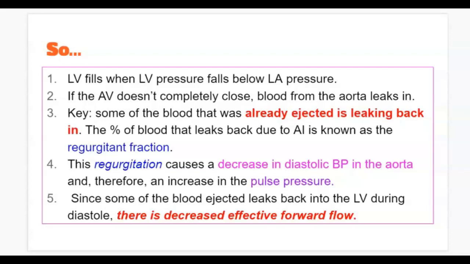Since some of the blood ejected leaks back into the left ventricle during diastole, during the filling phase, the forward flow is affected by that. So there's a decreased effective flow going back out.